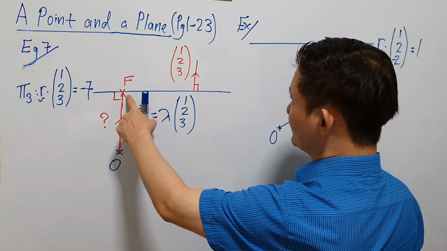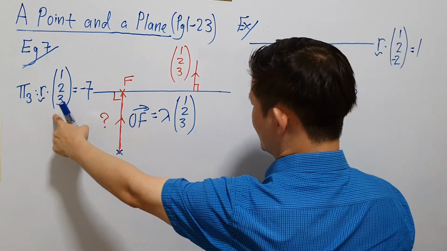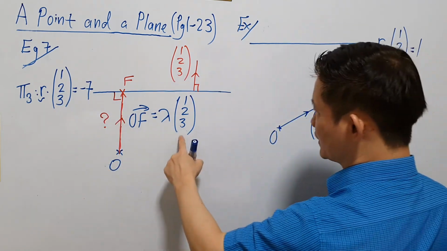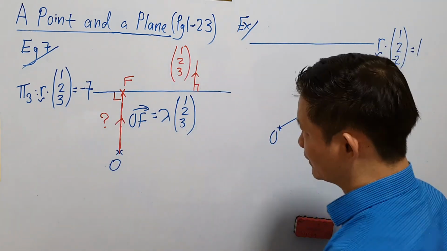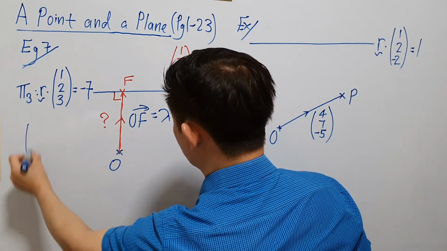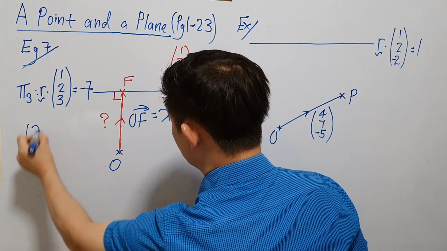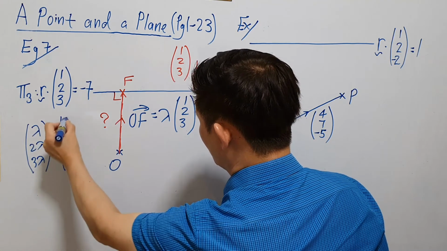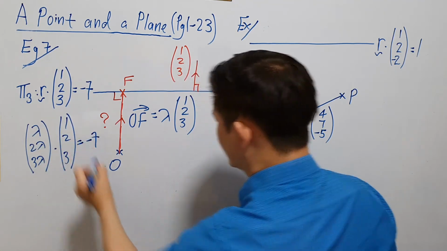At the same time, because this point F is on this plane, this point F also satisfies this equation, which means I can put this into the equation of the plane. Lambda, 2 lambda, 3 lambda, dot with (1, 2, 3) is equal to minus 7.